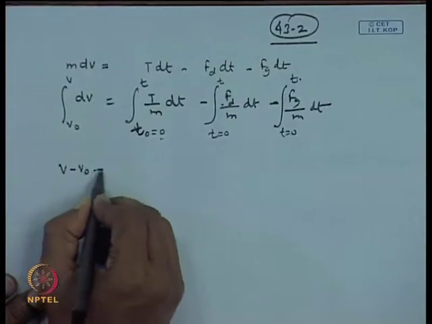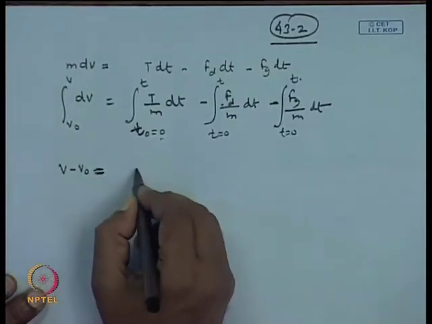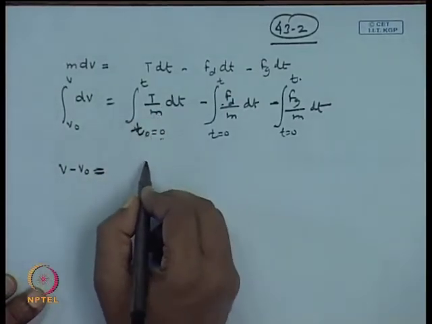So, from here we can write V minus V_0. Now, this part we have to deal with.